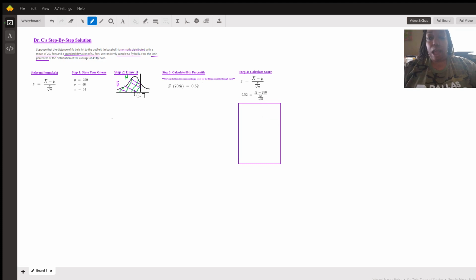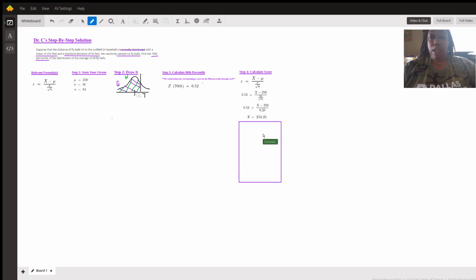I always recommend doing the standard error first, so we do 50 divided by the square root of 64. That gives us 6.25. So now we have 0.52 equals x minus 250 divided by 6.25.